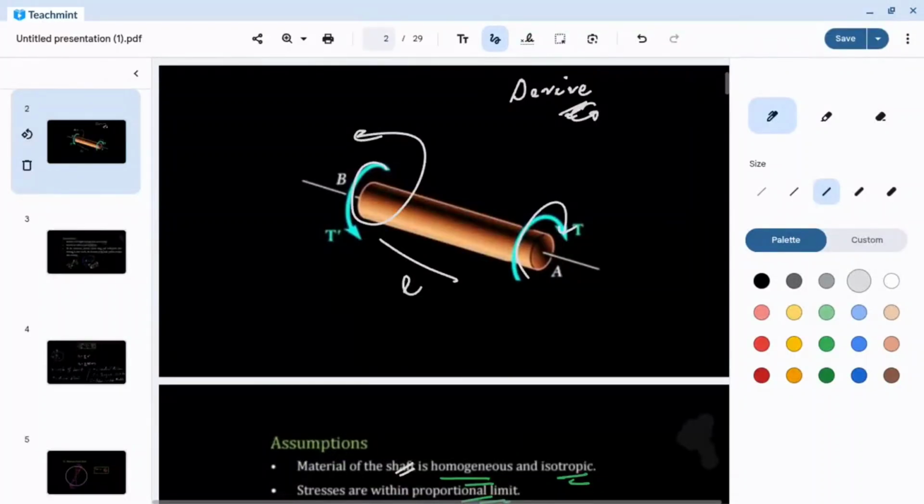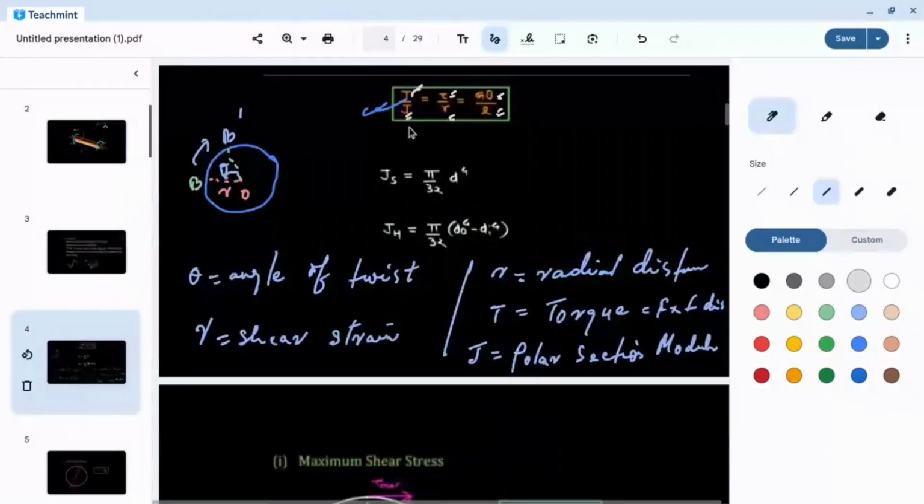G is a constant value. T by Z is equal to tau by R is equal to G theta by L. Z is a constant value, so it is called the torsional constant.